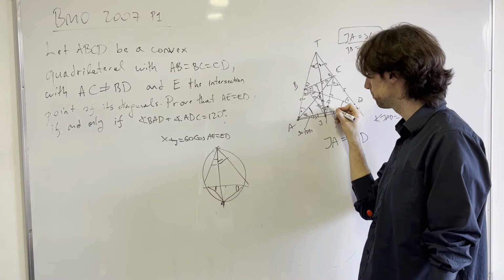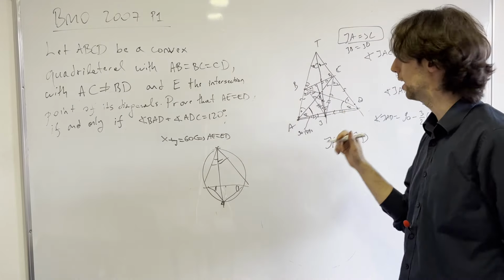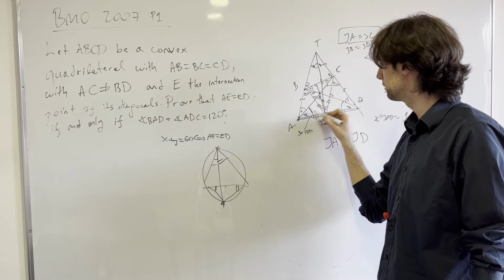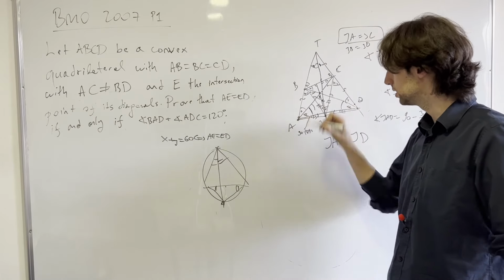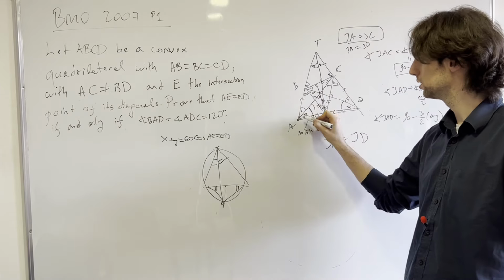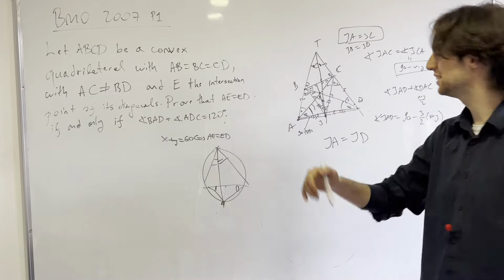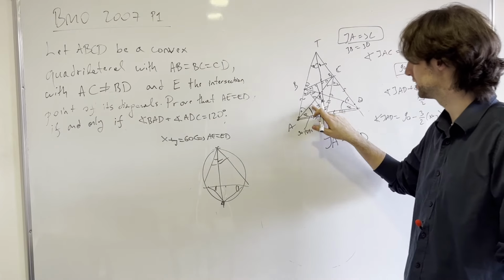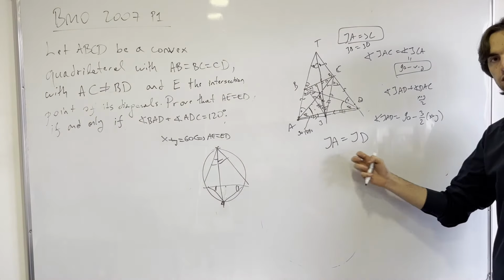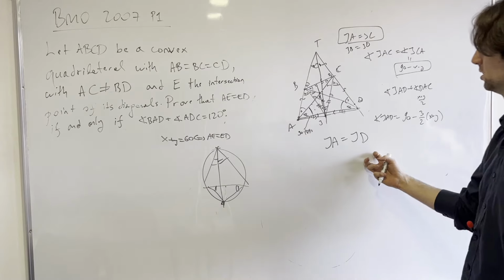If J was here, say, I'm making up a point now, and we have this is equal to this, we'd get this angle is equal to this one. We'd get that on both sides, and we'd have that this internal angle is the same. So whatever happens, we get JA is JD.